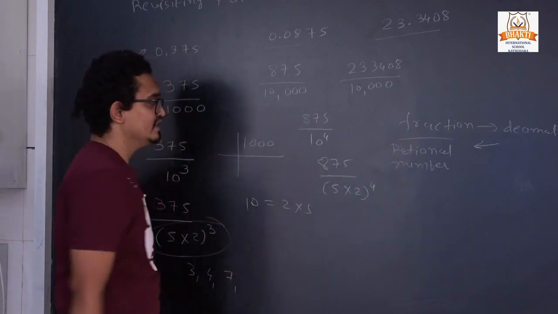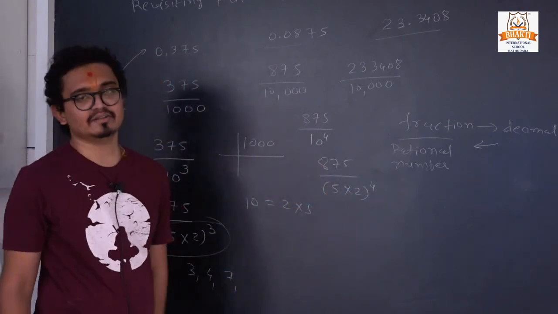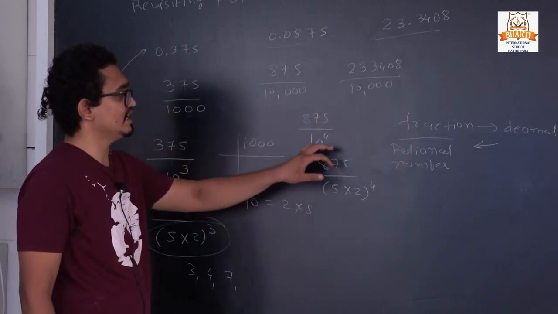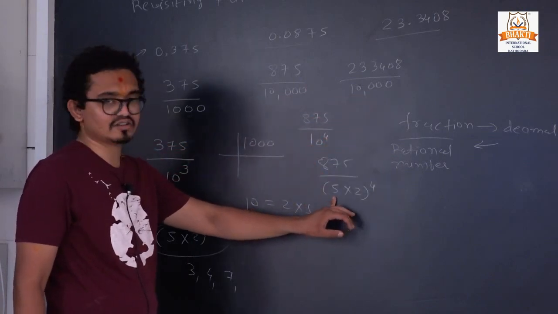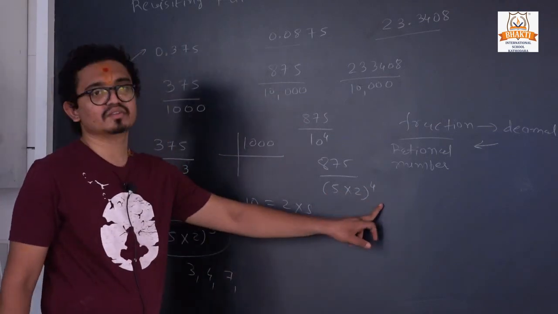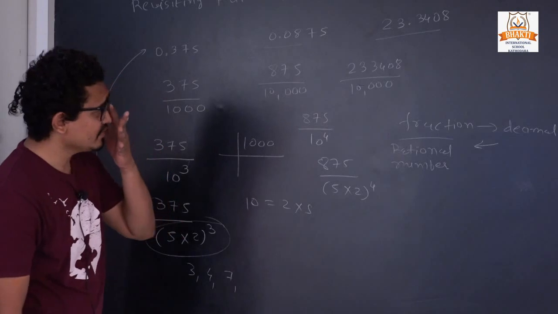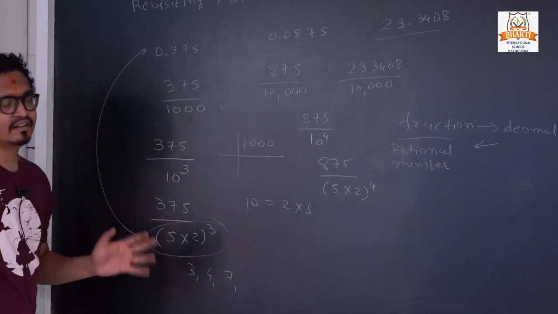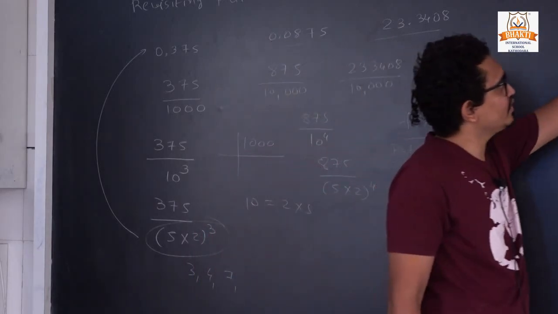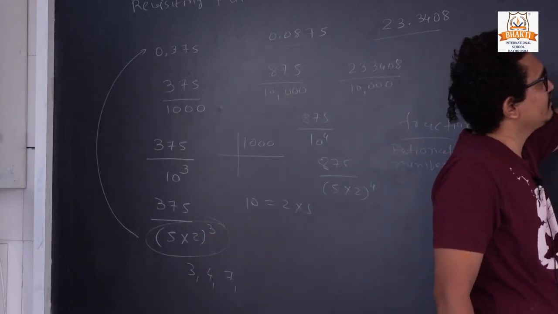Once again the factors of 10 will be 2 and 5. Here it will be similar: the factor of 10,000 will be 10 raised to 4, and then we can write 5 into 2 all raised to 4. So from them we can conclude our theorem number 1.5. According to that theorem, here we can see that what?